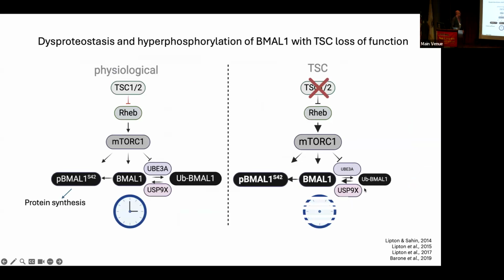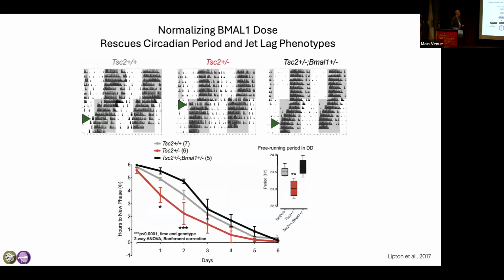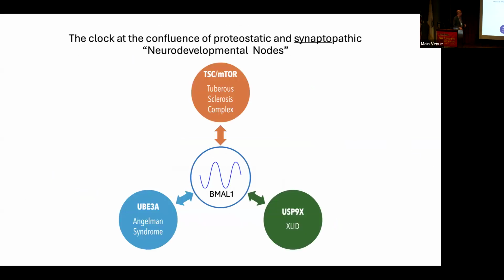We also have a deubiquitinase, which can deubiquitinate BMAL, called USP9X. This is a cause of another X-linked intellectual disability and a seizure disorder. And so we can start to think that this clock machinery is somehow a node that's linking together, maybe downstream, these different neurodevelopmental disorders that have a variety of unique but also overlapping features.